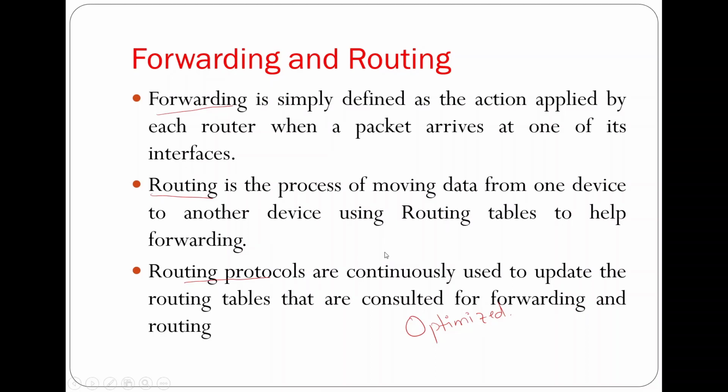So in order to move the packet from one place to the other place, we have to follow certain rules called routing protocols. These protocols are used to continuously update the routing tables. Why we have to update: initially the routing table will be present with a minimum amount of information.